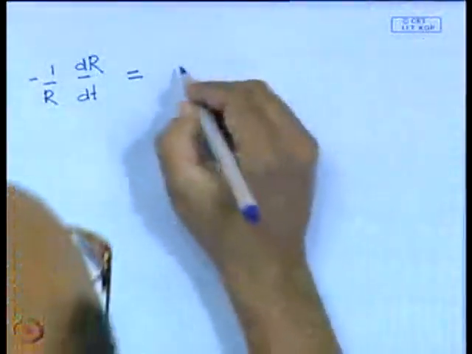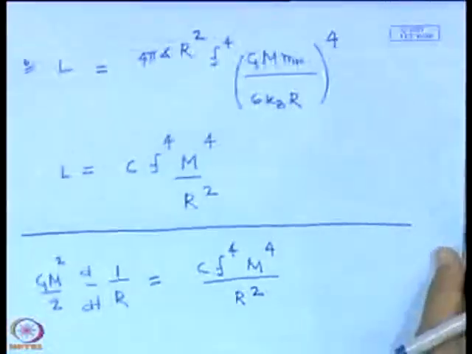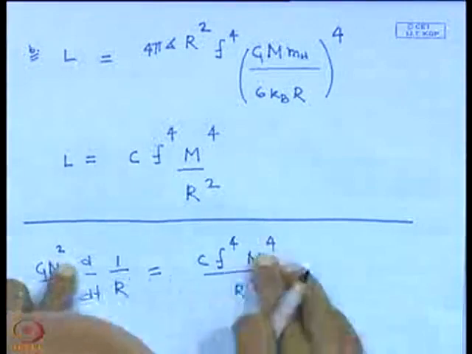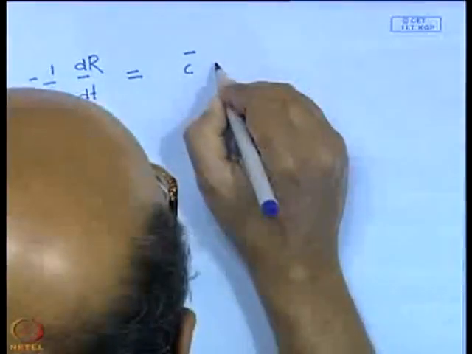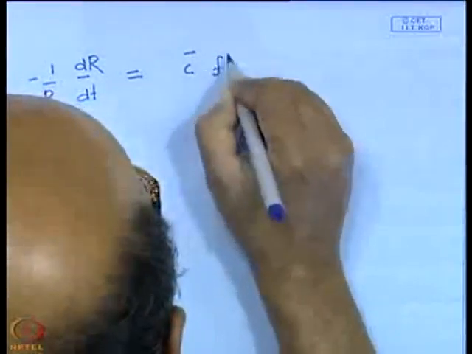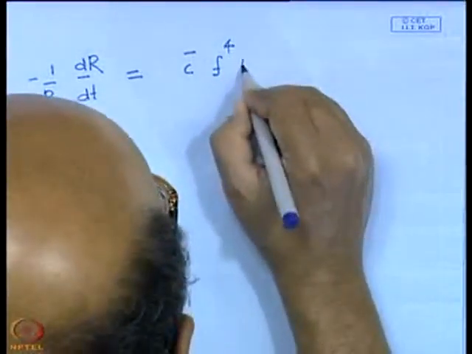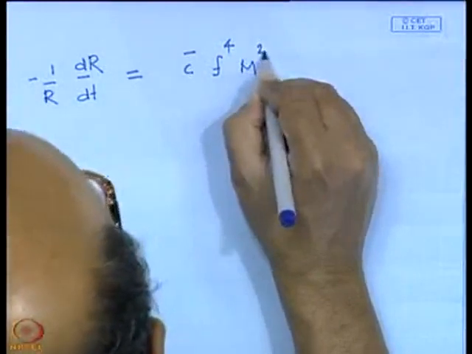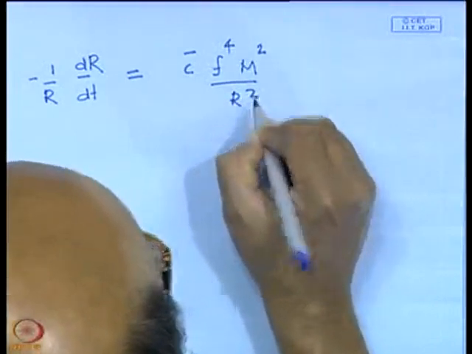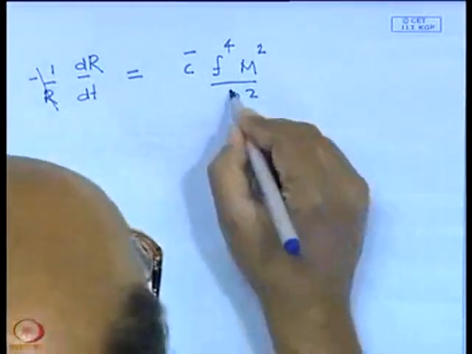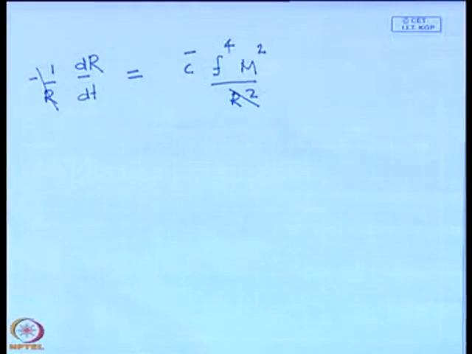This is equal to c bar, and we now have m squared over here, f to the power 4 m squared by r squared. So, this 1 by r square cancels out.